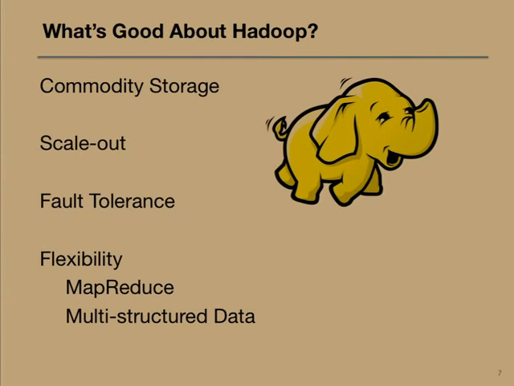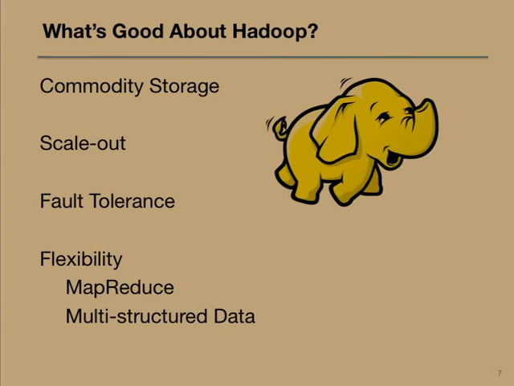So, these papers were published in 2003 and 2004. And at around that same time, Doug Cutting and Mike Cafarella were working on an open source project called Nutch, which was an outgrowth of Apache Lucene, and their goal was to build an open source search engine. So they saw these papers and they realized immediately, hey, this is clearly the way that we have to build Nutch.